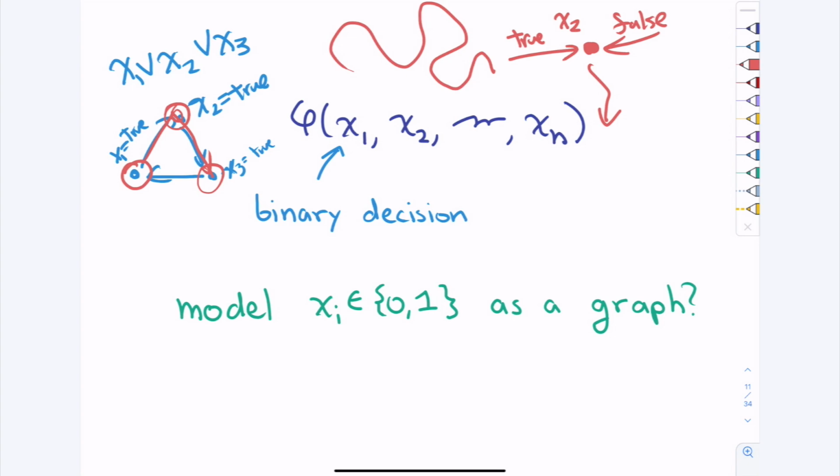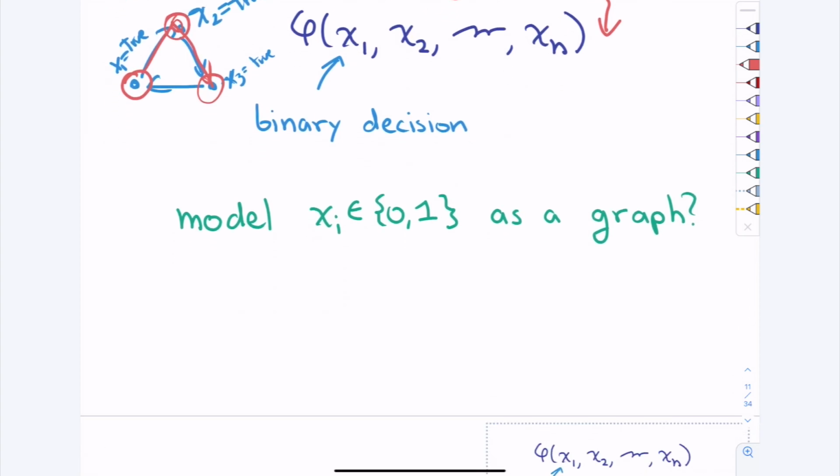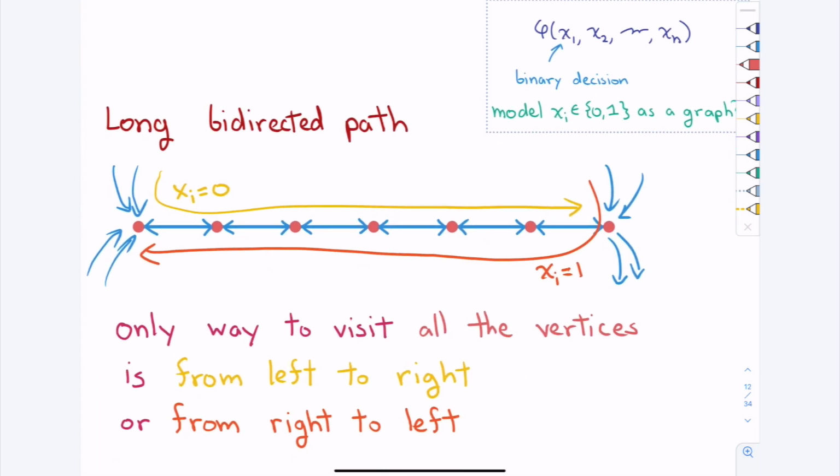Okay. So here we're gonna do something very much like this, but a little bit more elaborate. For each variable, I'm going to make a long path with edges in both directions. A long bidirected path. Why?